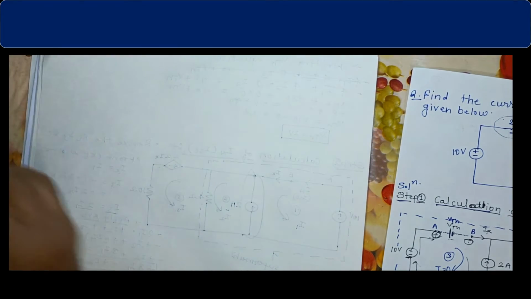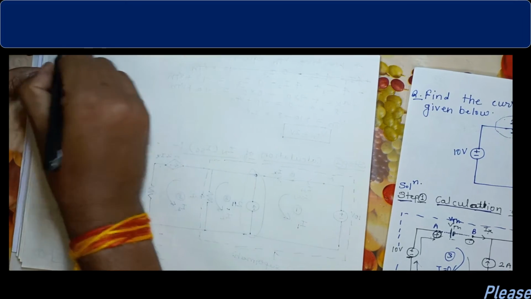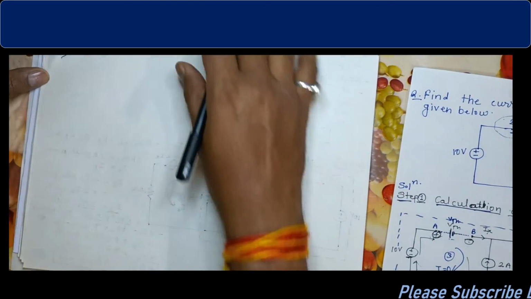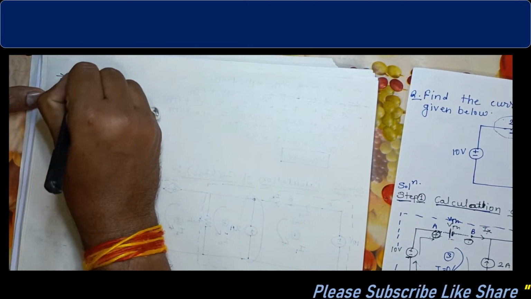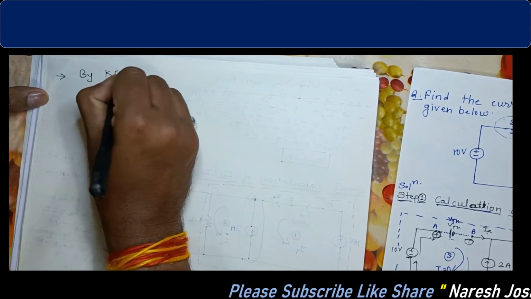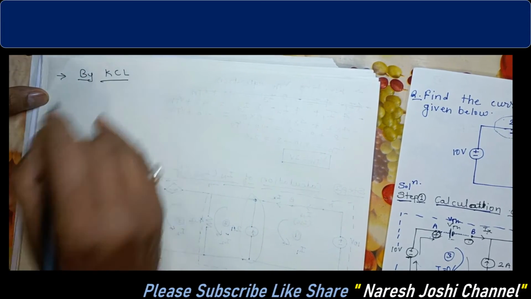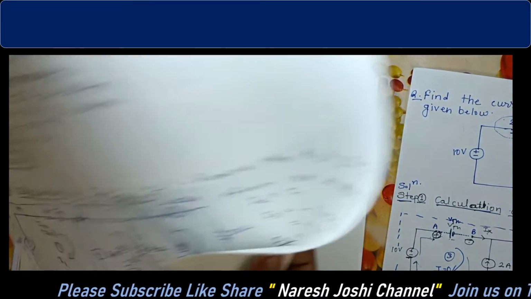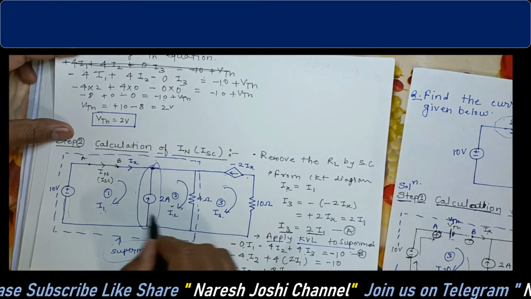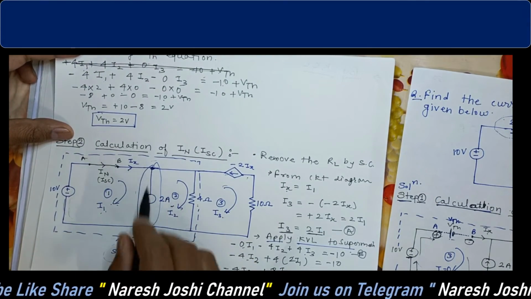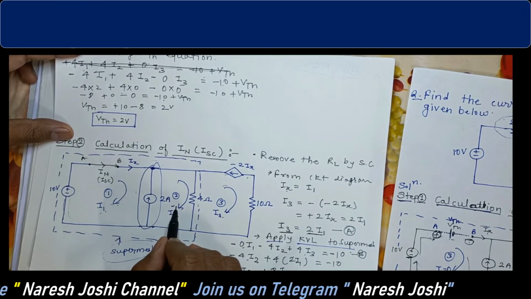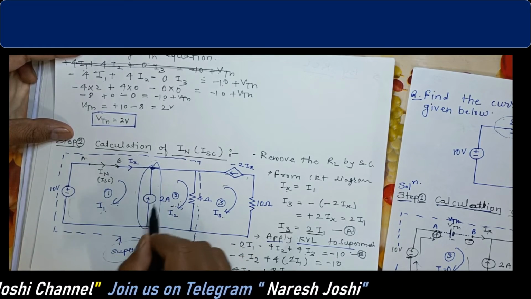Here you can see, by KCL, what you have to do. Which currents? Two currents are flowing through this path, I1 and I2, because due to this I1 and I2 it becomes a super mesh.